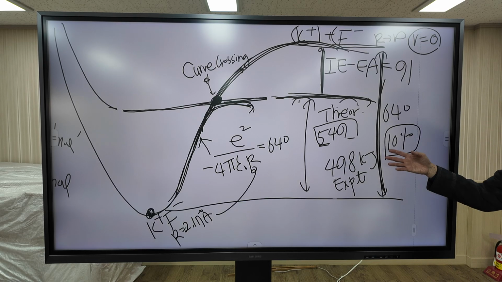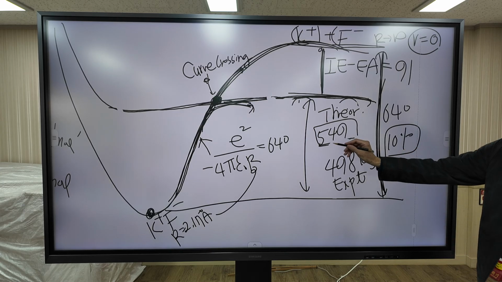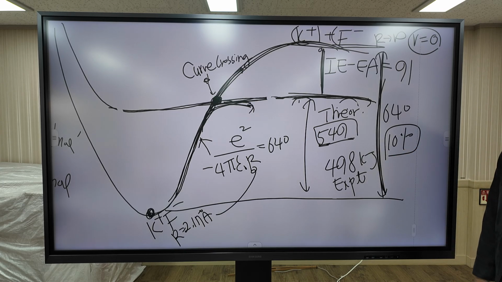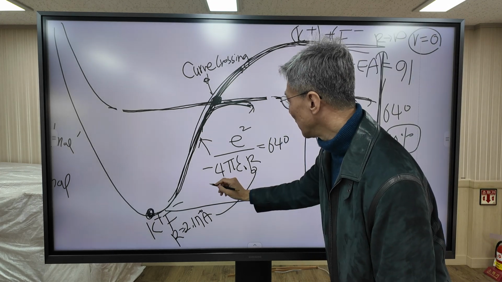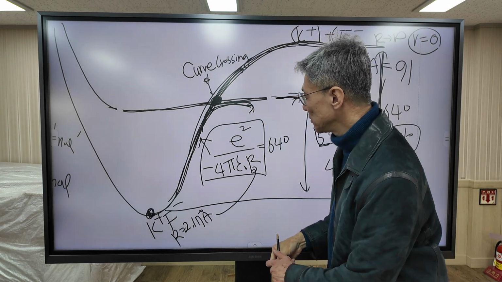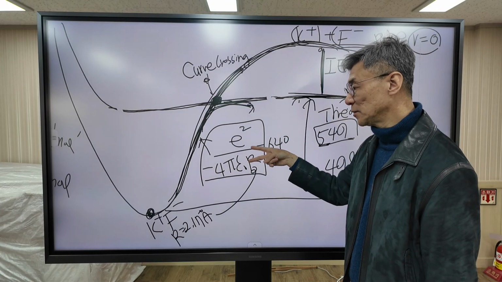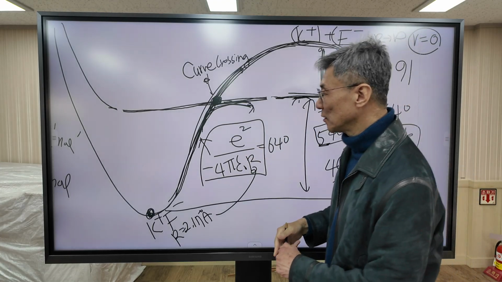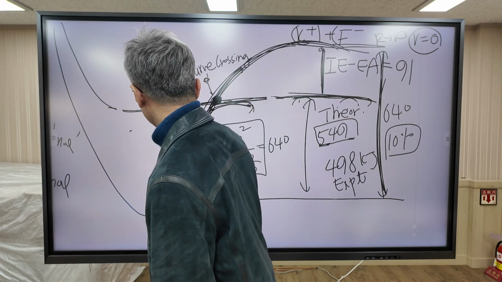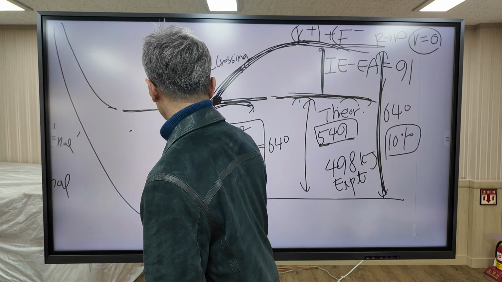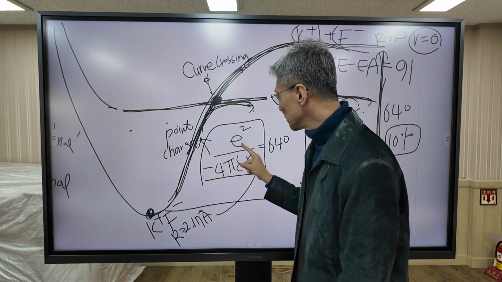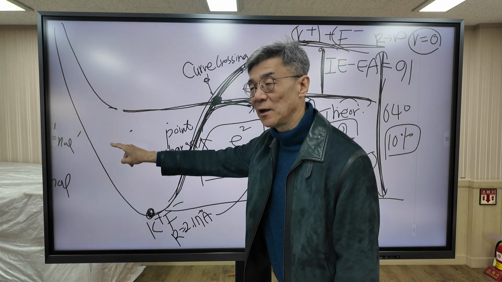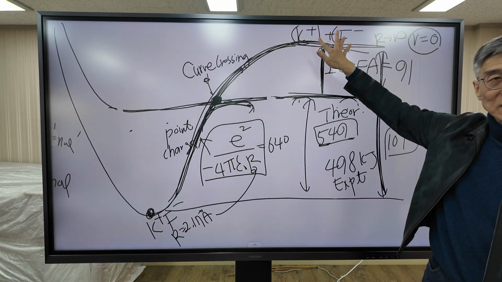Then why is there a 10% error? This is the question. The first reason is that, as I said before, the potential energy curve is expressed using this expression, but this expression assumes that there is a point charge. This expression strictly applies to only point charge, but actually this is not point charge.